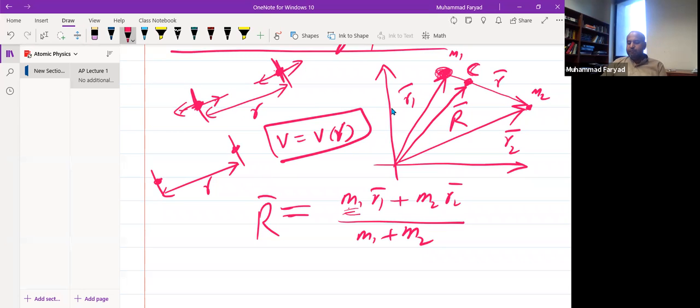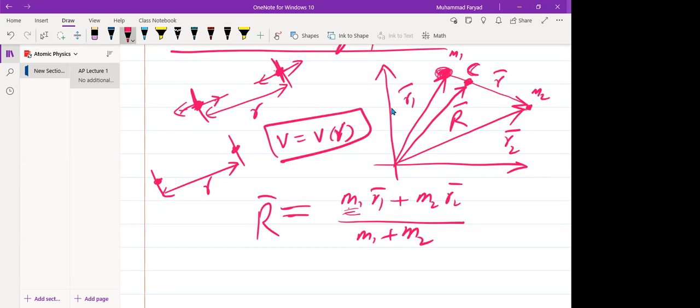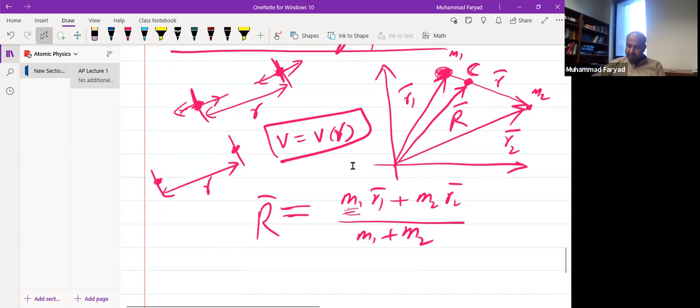And some of the time we would be doing that as well, that we will be taking our center of mass to be located at the center of the nucleus. But in general, we can see that the center of mass would be somewhere between the two particles. So this is the center of mass coordinate.